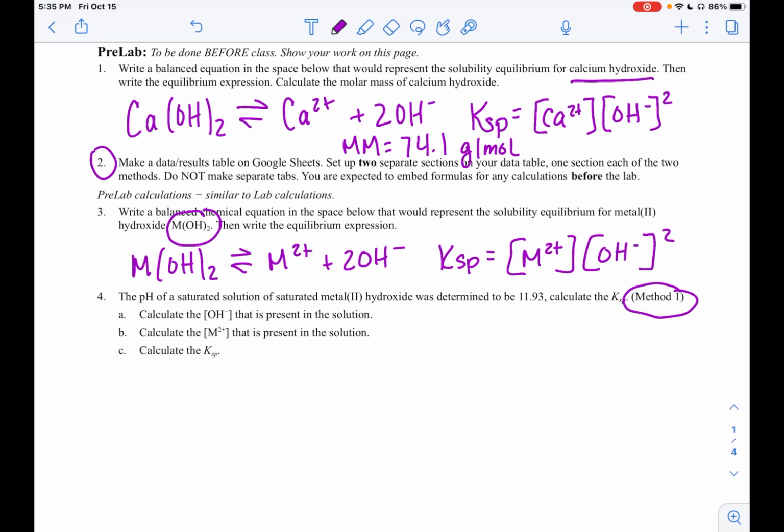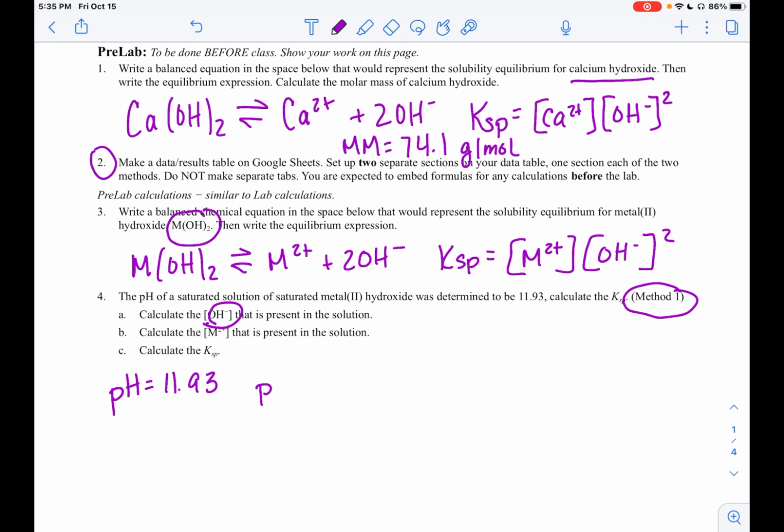Method 1 is just finding the pH. So to find the OH- concentration, you first have to find the pOH, because we're given the pH. So the pH is 11.93.